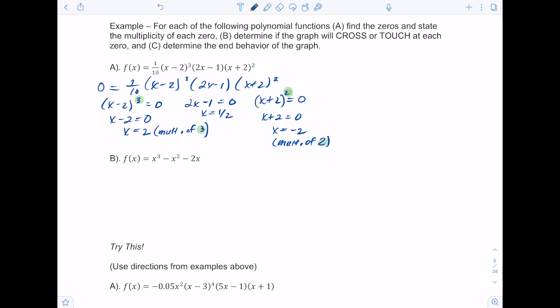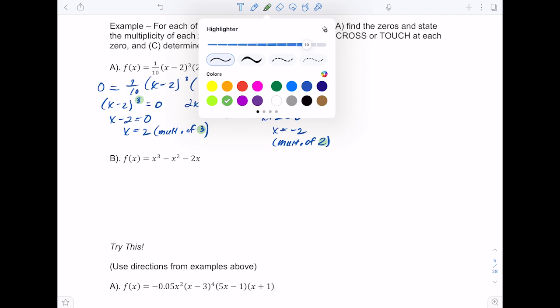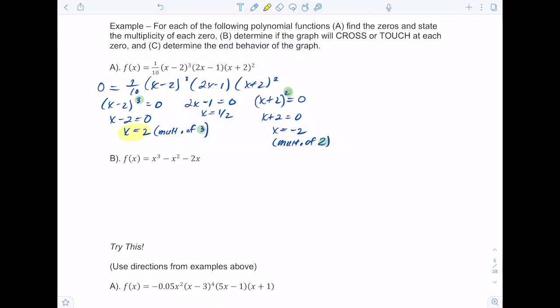Okay, so now the multiplicity also tells me whether the graph will cross or touch the x-axis at that point. So remember, if the multiplicity is odd, it's going to cross the x-axis at that point. So the 2 odd multiplicities would be this here, because 3 is odd, and this here, because it's got a multiplicity of 1, which is odd.